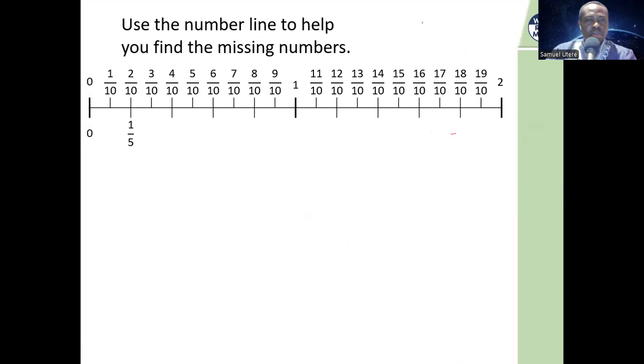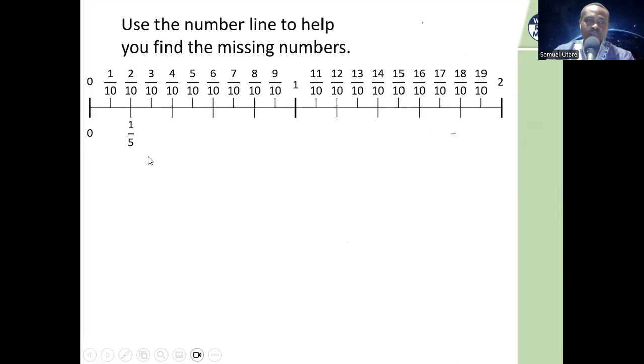But if we look at the number line, what about the ones underneath? We know that 2/10 is the same thing as 1/5. You could simply do this by simplifying. So we know that 2/10, we can divide 2 by 2, and we can divide 10 by 2 to give us 5. So 2 divided by 2 will be 1, and 10 divided by 2 will be 5.